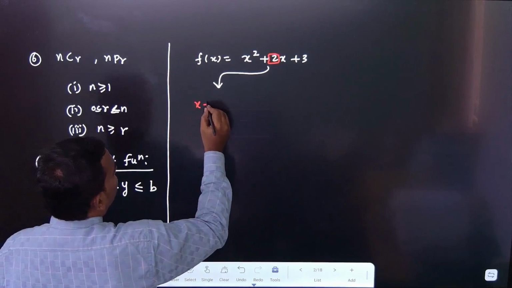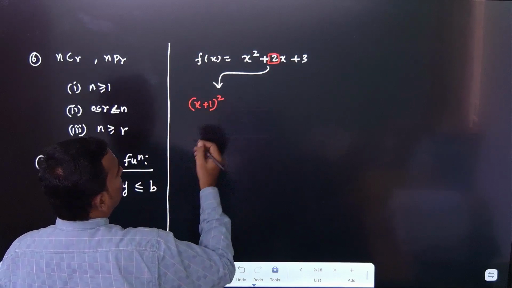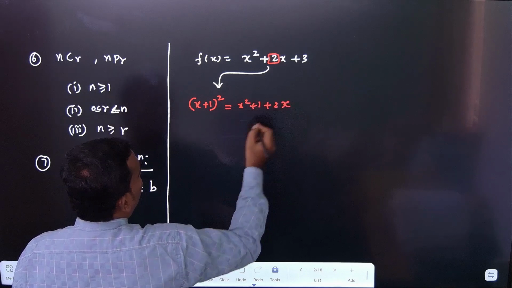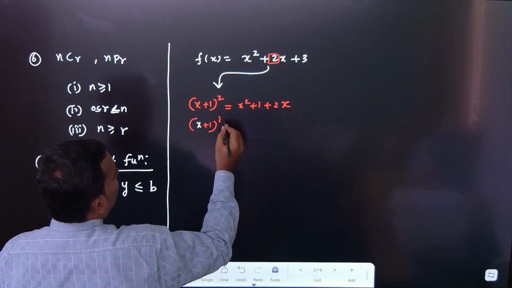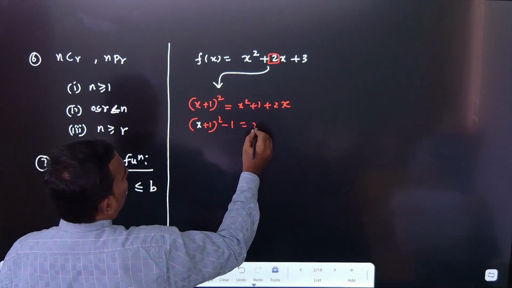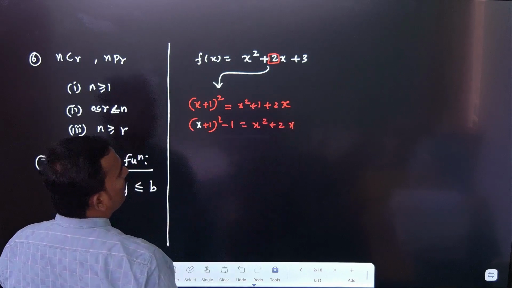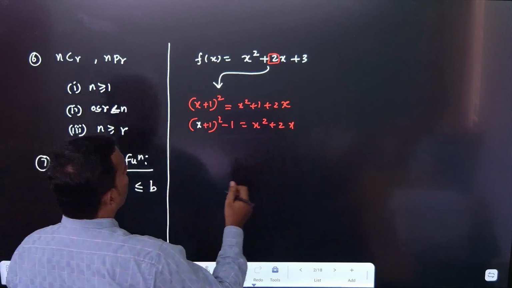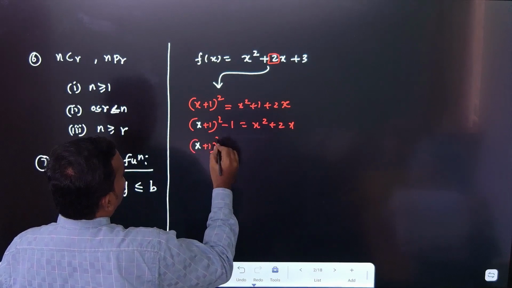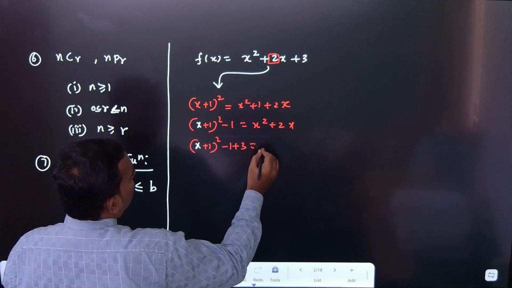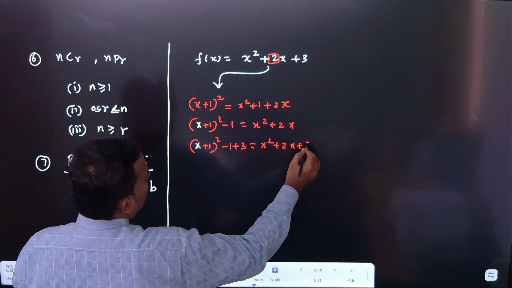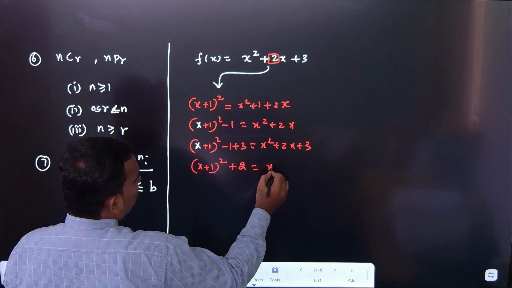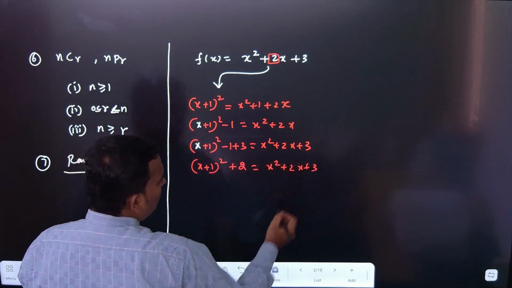What will we get? x plus 1 whole square is the expansion: x square plus 1 plus 2x. So x plus 1 whole square minus 1 equals x square plus 2x. Now we need x square plus 2x plus 3, so add 3 on both sides: x plus 1 whole square minus 1 plus 3 equals x square plus 2x plus 3. Then x plus 1 whole square plus 2 equals x square plus 2x plus 3.